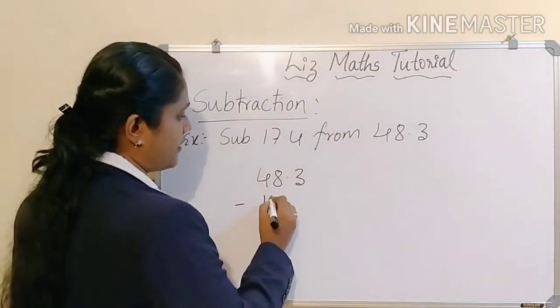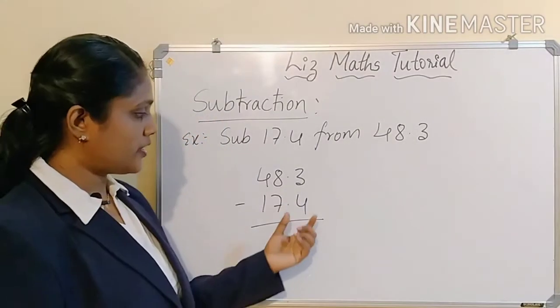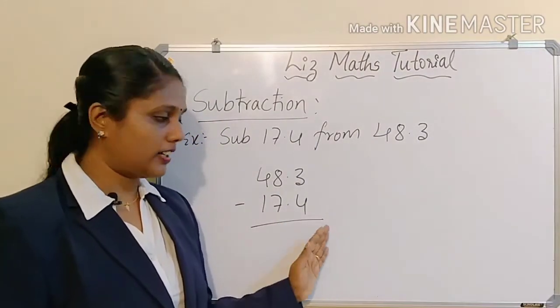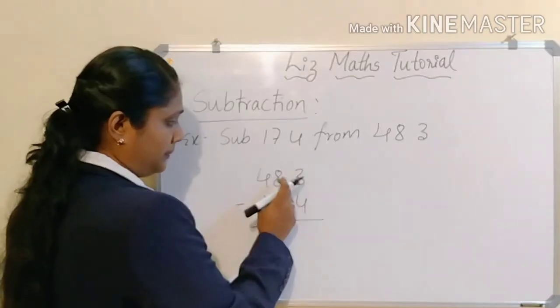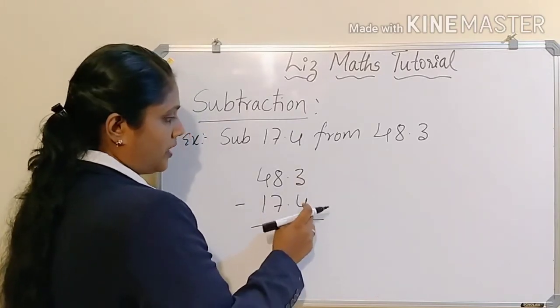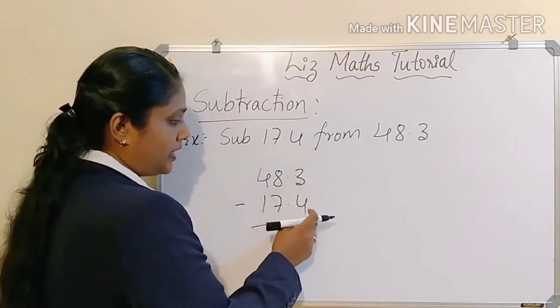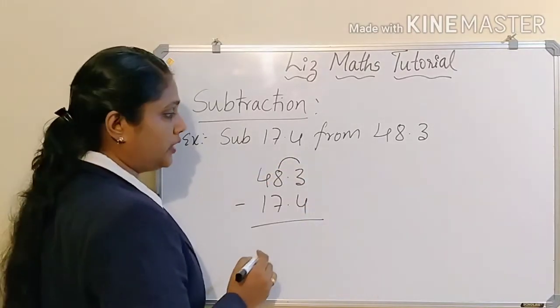subtract 17.4. See here in this case, first you have to go for the decimal point here, then you have to come here. See here also, can you see your 4 and 3 and 4? But 3 is a lesser number than 4. We cannot subtract this, so you have to carry 1 to here.